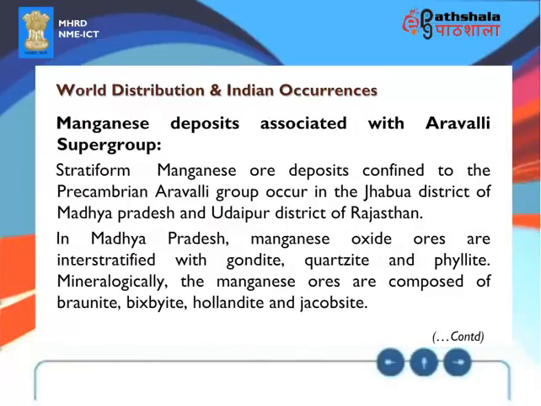Manganese deposits associated with Aravalli supergroup. Stratiform manganese ore deposits confined to the Precambrian Aravalli group occur in the Jhabua district of Madhya Pradesh and Udaipur district of Rajasthan. In Madhya Pradesh, manganese oxide ores are interstratified with gondite, quartzite, and phyllite. Mineralogically, the manganese ores are composed of braunite, bixbyite, hollandite, and jacobsite.